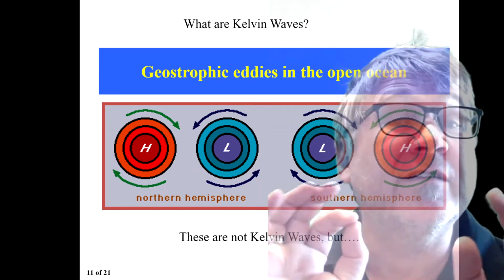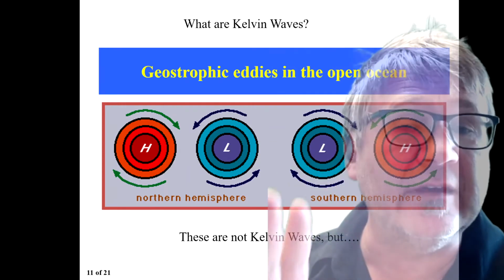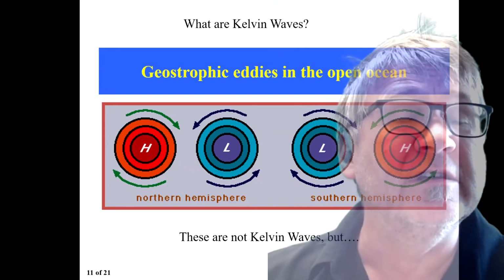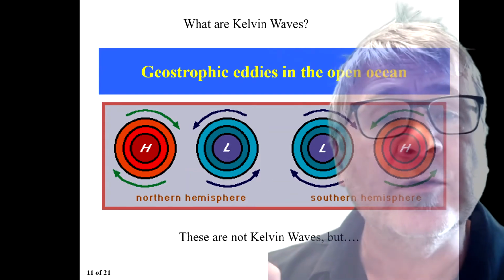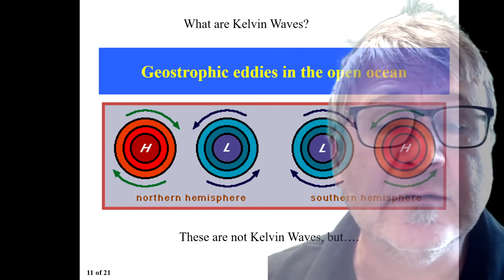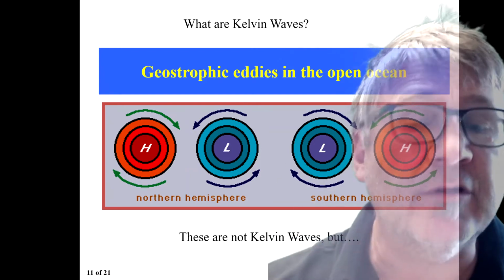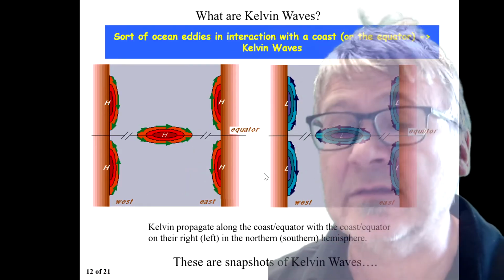These are not Kelvin waves, but imagine what happens if these features interact with the coastline or with the equator. If you produce a feature like this near a coastline, let's have a look how it looks like here on the next slide.